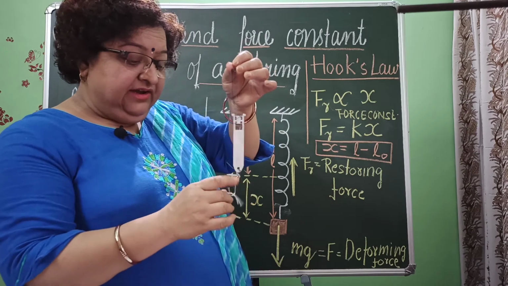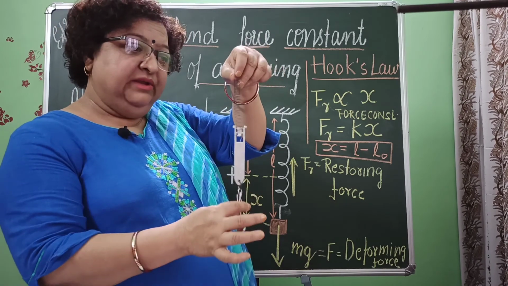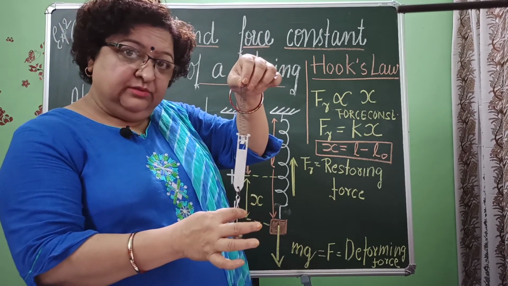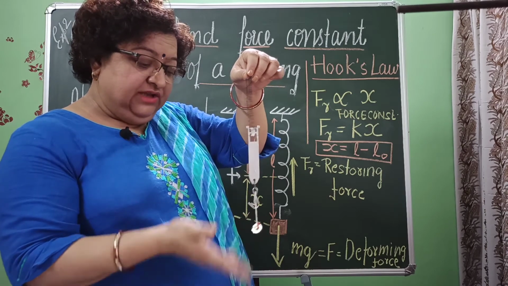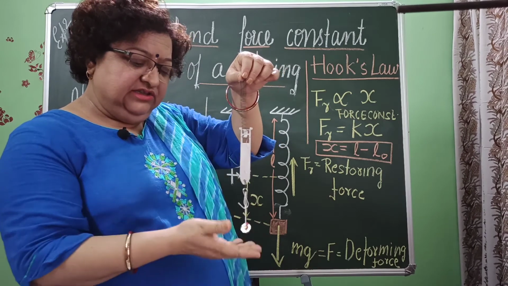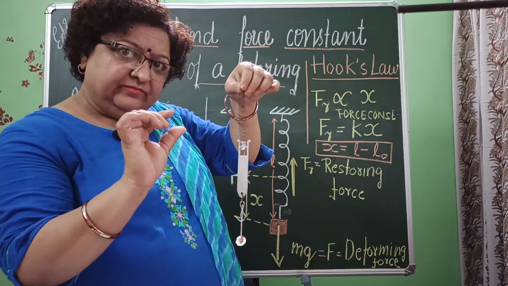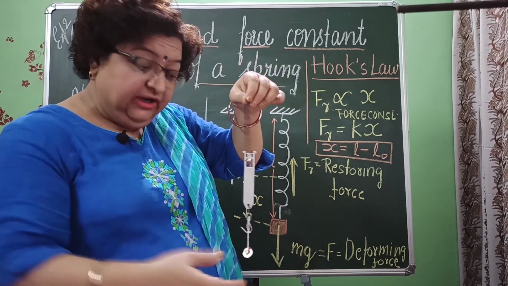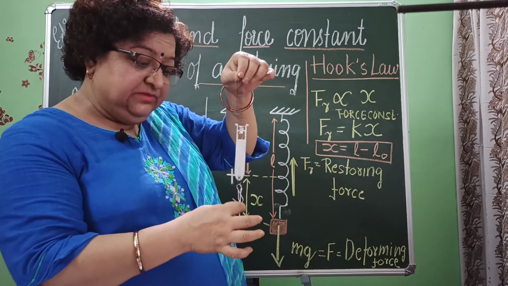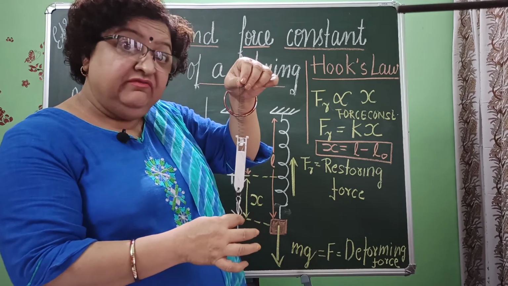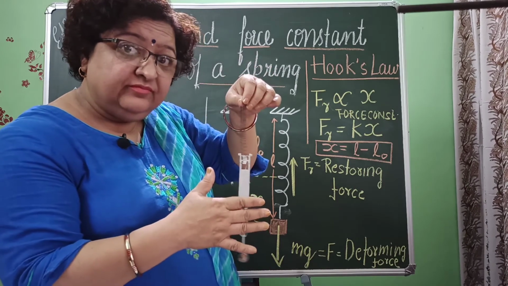So when there is no mass, the spring is in its original length, but as soon as we suspend the mass, since this mass is light enough, the spring is elongated a little. And as soon as the spring elongates, initially the spring starts elongating, if we can see it in slow motion.